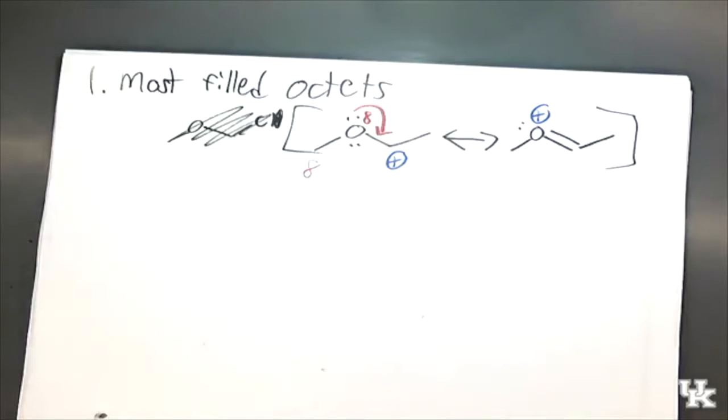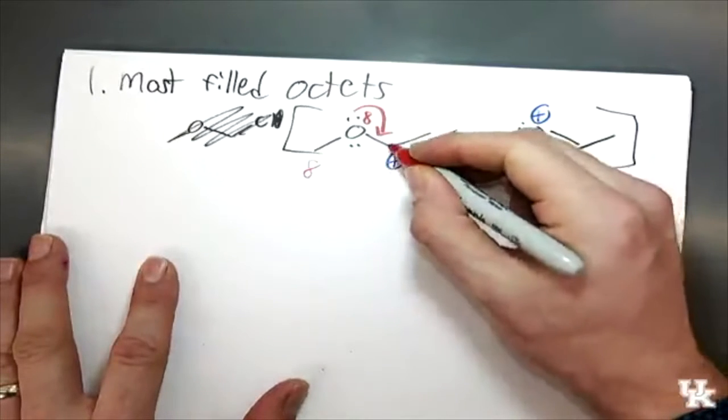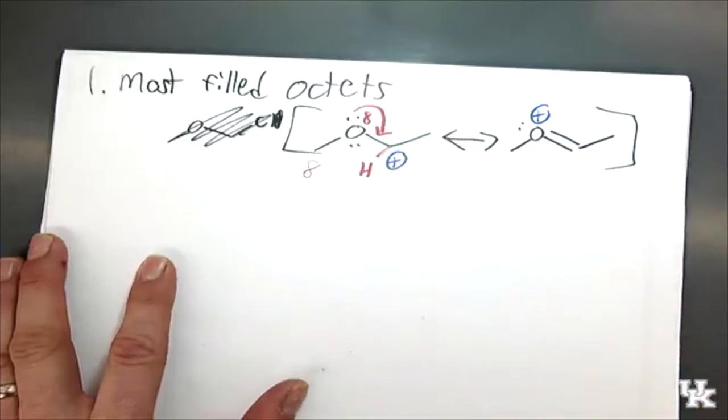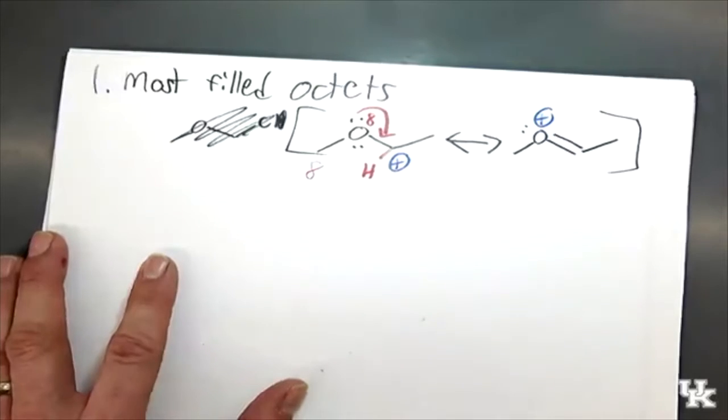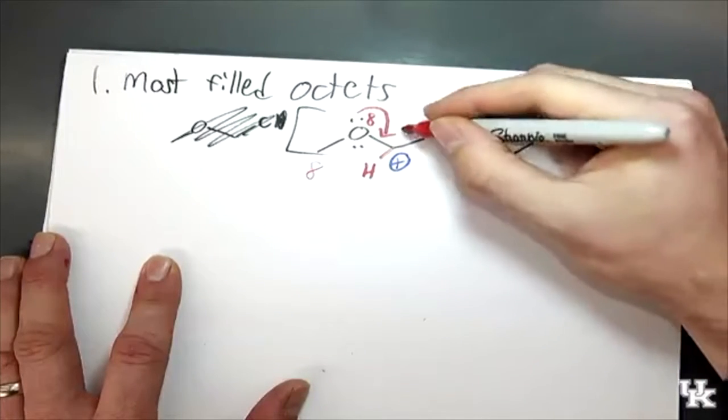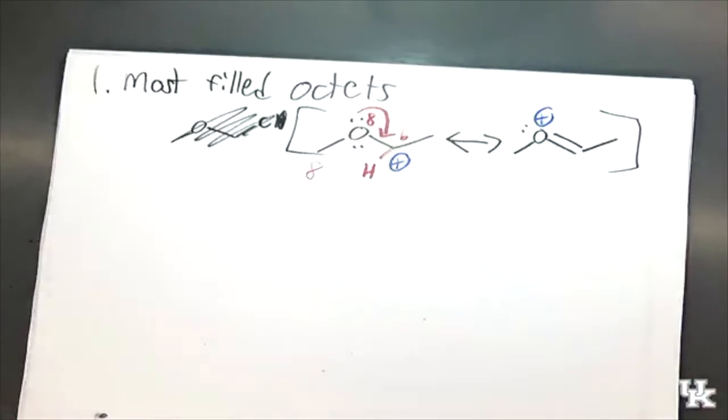Remember, in line bond drawings, if a carbon has a positive charge, that takes away the number of overall CH bonds, right? So that means this carbon has 1 CH bond here, which gives it how many valence electrons? 6. 6 valence electrons total, less than an octet.